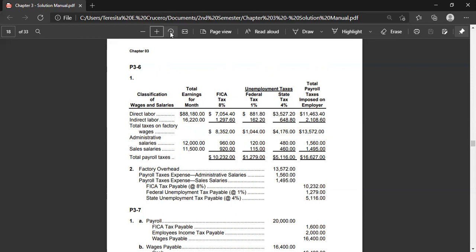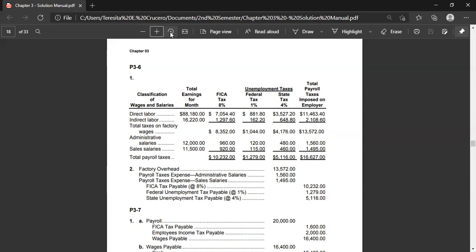Now, there are deductions from the salary of the employees. So, oftentimes, the employer pays an equal amount as what is paid by the employee, except for income tax because that's a personal obligation of the employee.